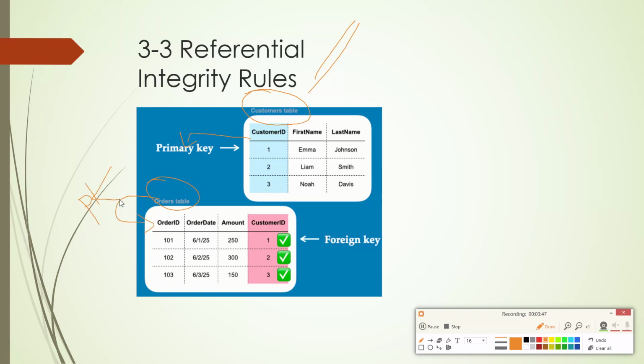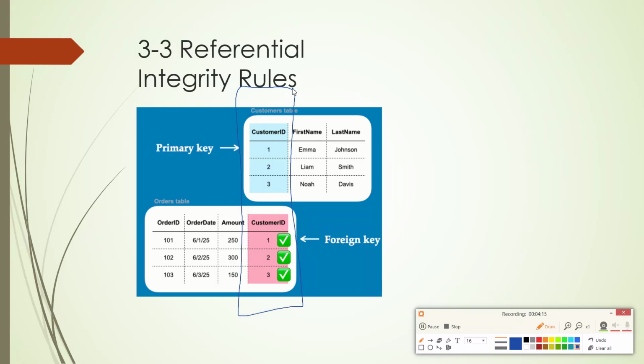But one customer can have many orders, so the primary key attribute of the customer is added here in the order table as the foreign key, and the referential integrity constraint says that the values of the primary key and foreign key must match.